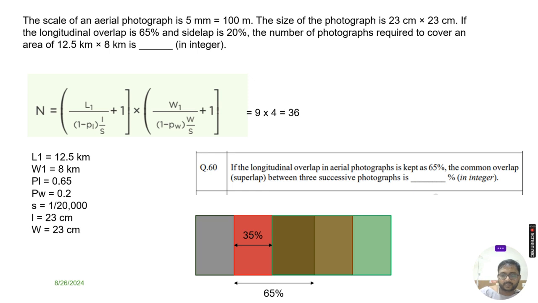Now when we see this portion, we will just deduct 35 from 65, which will become 30. So is that clear? Yes, sir. Clear. So we have to find out the superlap, which is the common area of three successive photographs.